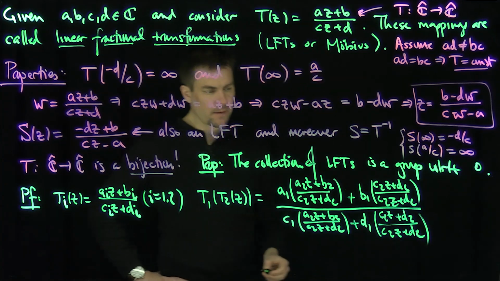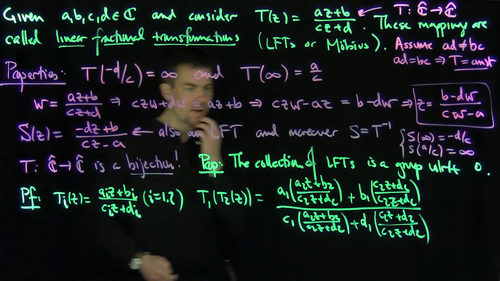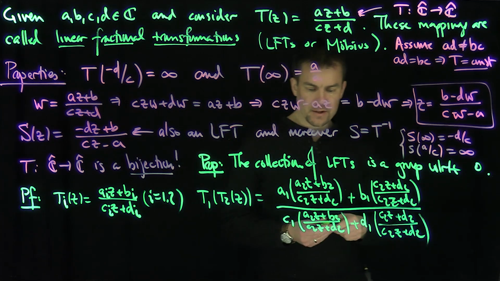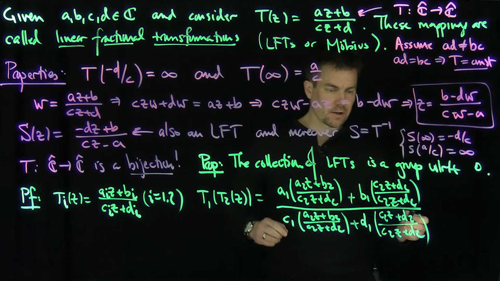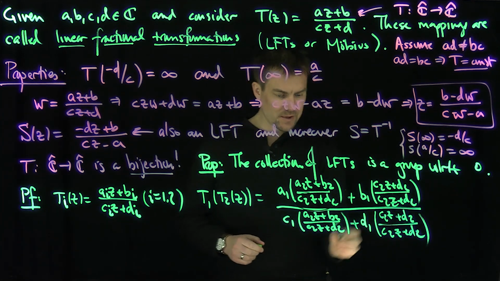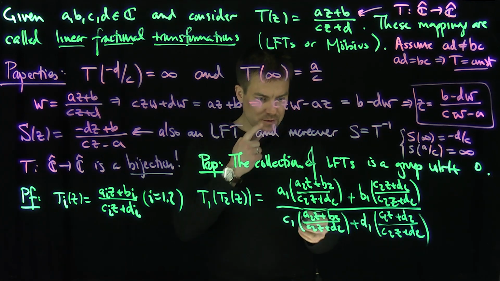Whew, that's a lot of writing, right? But notice that all of these things are going to simplify, because everything now has a common factor of c2 z plus d2 in the denominator, so all those things are going to cancel out.